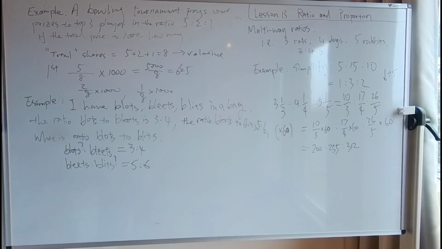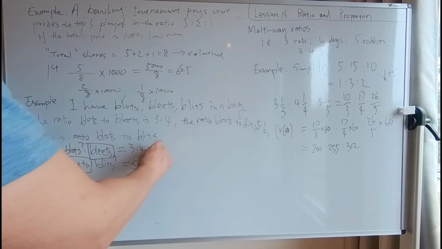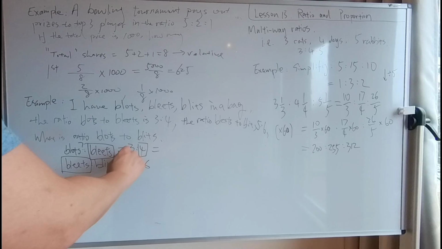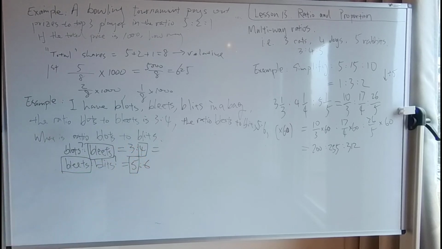So first of all, I can convert these two ratios into one multi-ratio, because the common quantity between the 2 ratios is the relative quantity of bleeds. So if the relative quantity becomes the same, then I can link the 2 ratios into one multi-ratio.